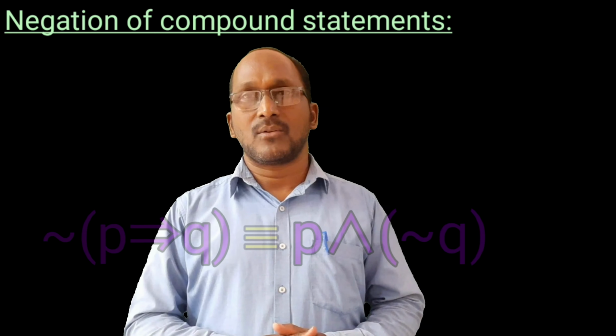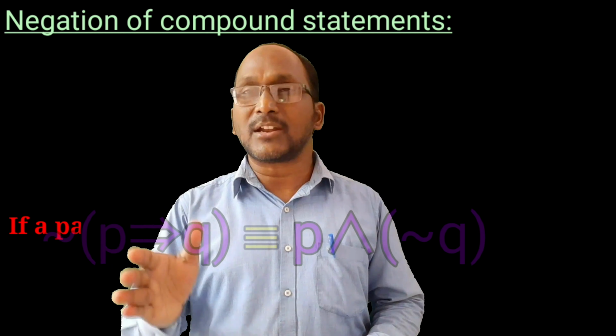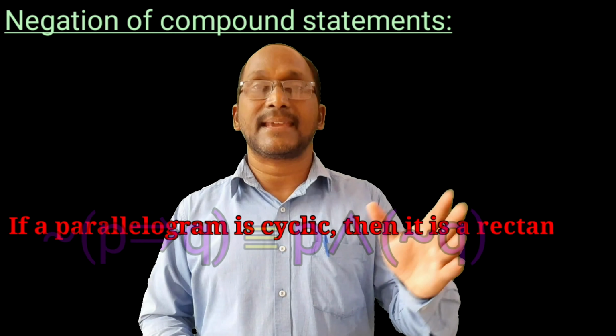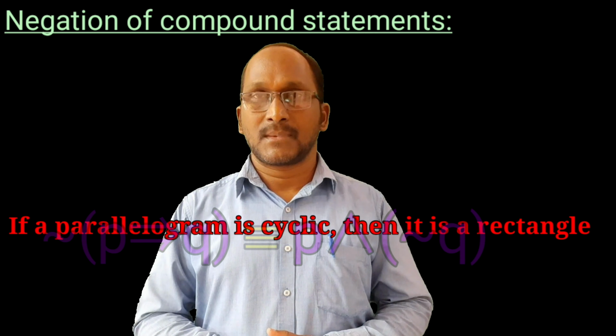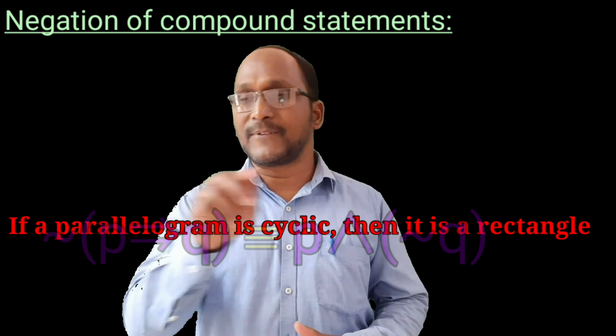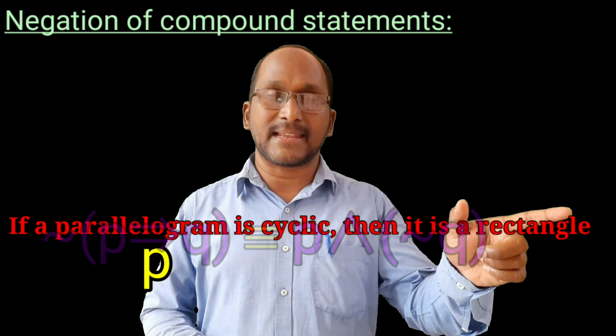Let us take one conditional statement, that is if a parallelogram is cyclic, then it is a rectangle. A parallelogram is cyclic is denoted by P, then it is a rectangle.